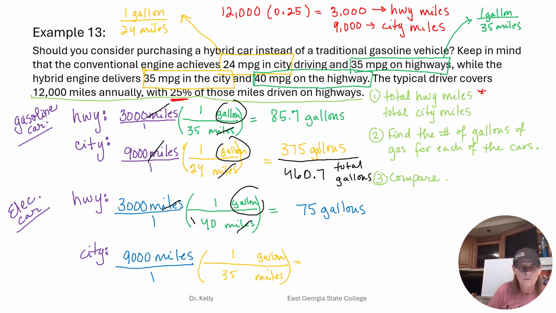Let's see what our number turns out to be. 257.1 gallons. Adding those together, we have 332.14 total gallons.